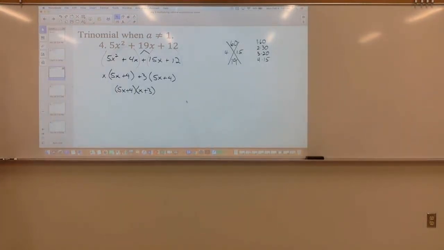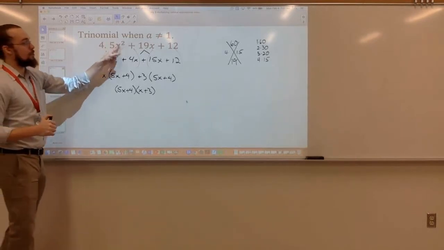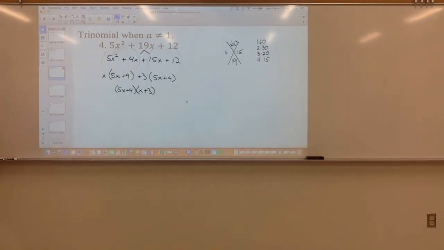So whenever this leading coefficient is not 1, we have that extra step. Now remember, the first thing we should always do is look for a GCF. And after we take out a GCF, or if there is no GCF, then these are the 3 situations that could arise. Questions?